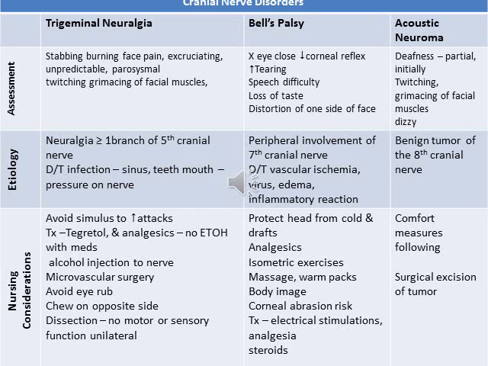You'll see the eye closed, a decrease in their corneal reflex, there may be more tearing, and distortion on that side of the face. Acoustic neuroma, there may be deafness, partial or initially, twitching, grimacing of facial muscles, and they're dizzy. You can read through all these.